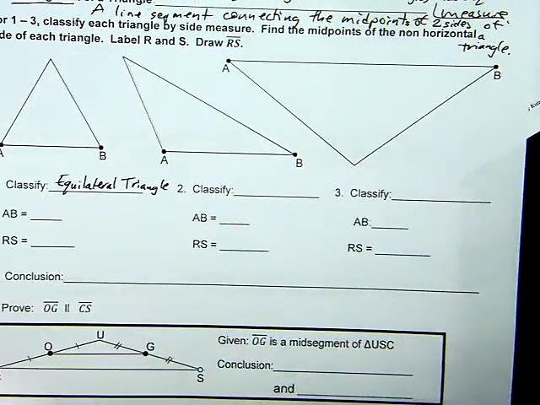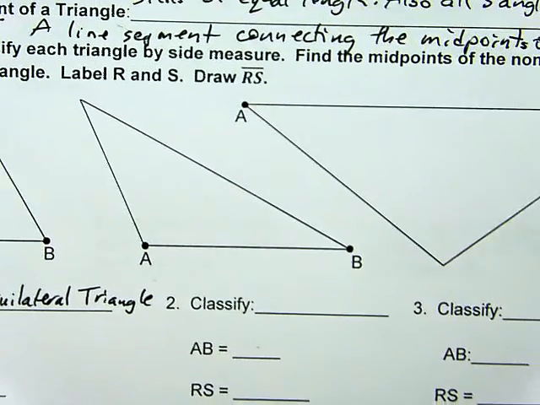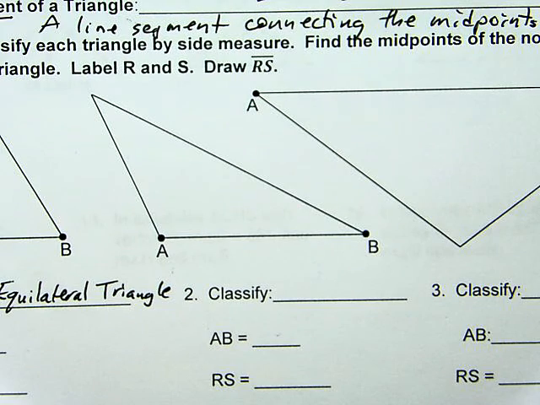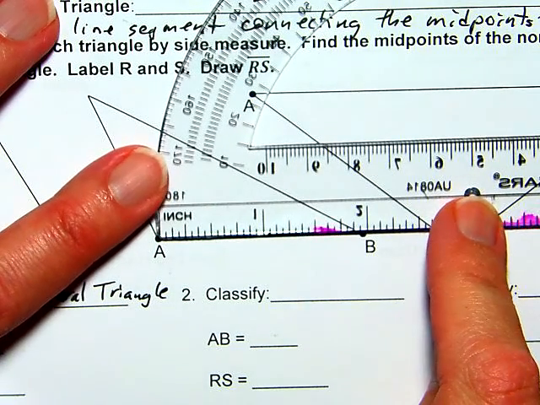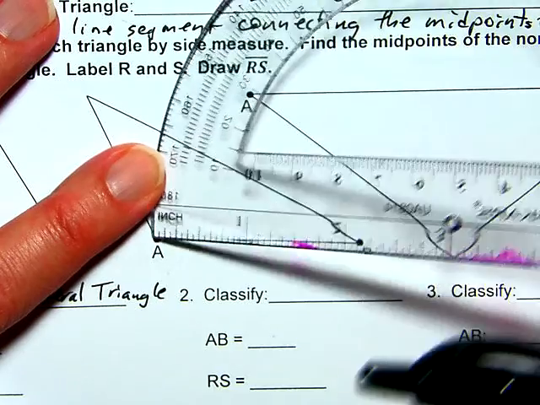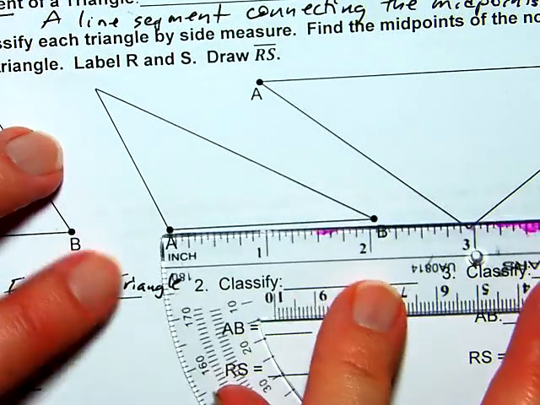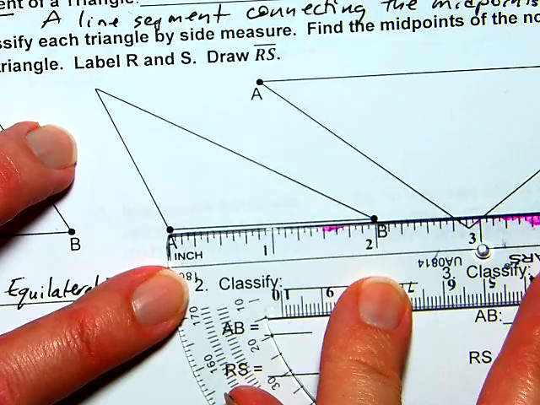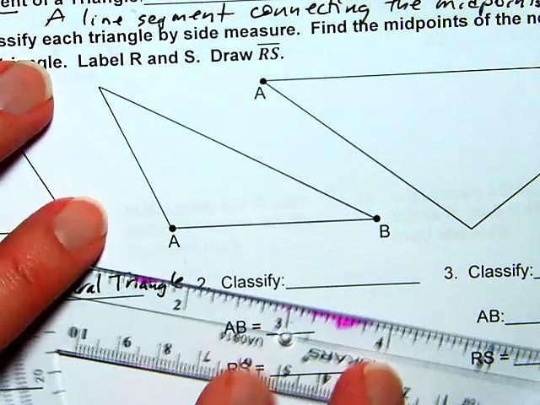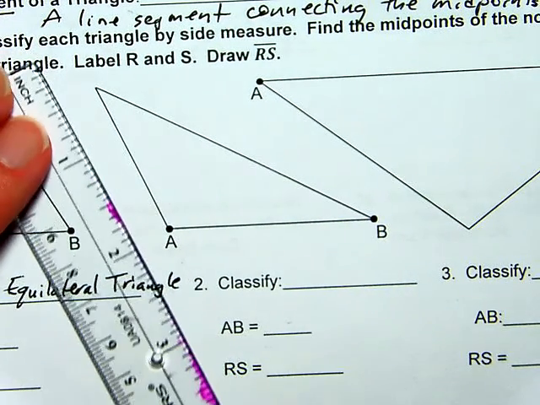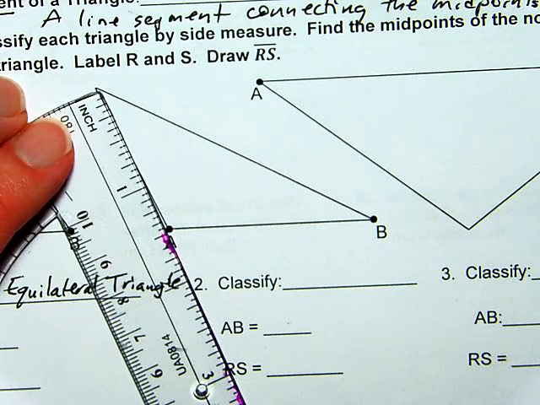Okay, let's look at the second triangle here. Maybe I'll zoom in on it a little bit, might make it easier to see the measures. Let's measure side AB. We can do that in inches. Okay, we've got just about 2 inches. This side, the bottom side, is about 2 inches long. Let's look at the left side. It's about 1.5 inches long.